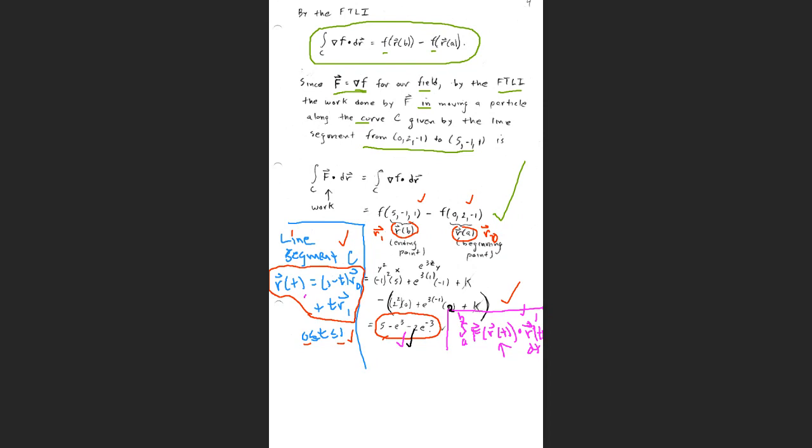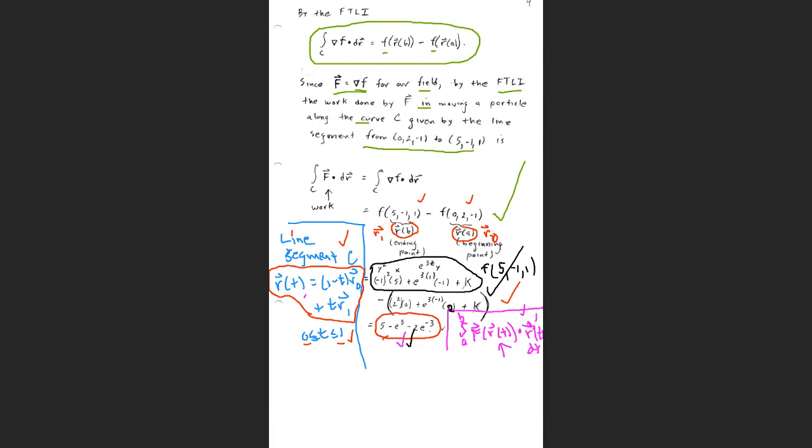Now I'll mention something else while I'm at it here. Are there any questions on the computation here, or what you're seeing here? This part here is f of (5, -1, 1), right?